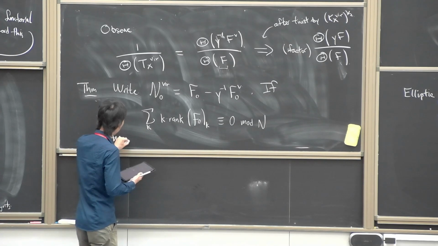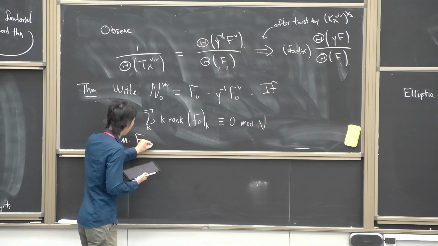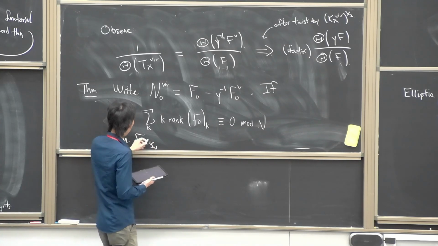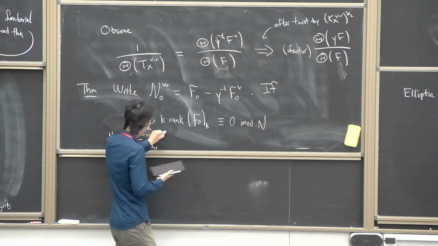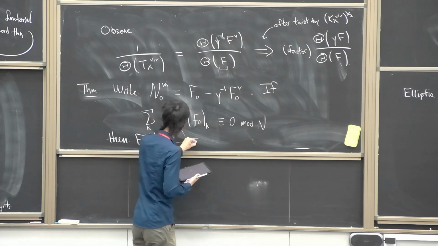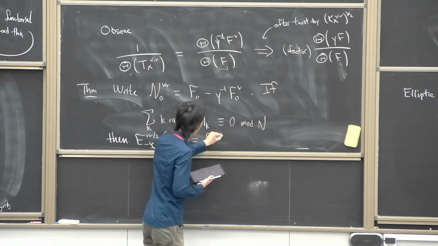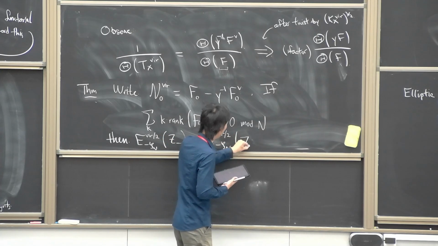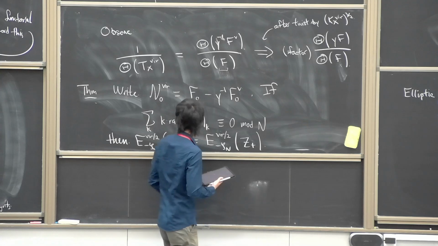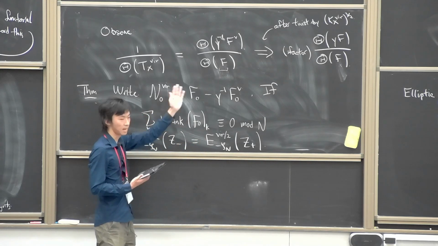The elliptic genus, specialized at some nth root of unity, of the virtual chiral Z minus is going to be equal to the virtual chiral elliptic genus specialized at the nth root of unity of Z plus. And the proof is going to be exactly the same.